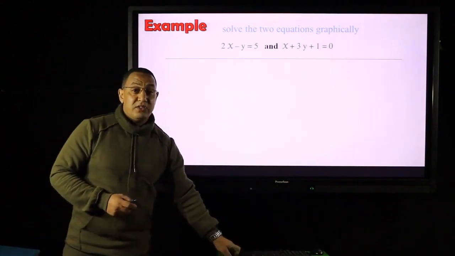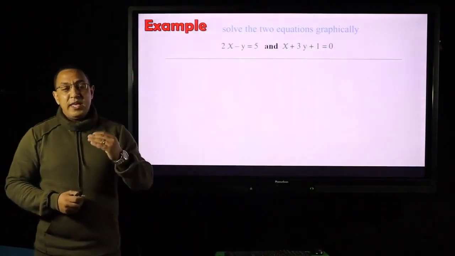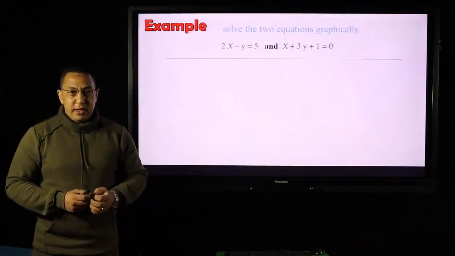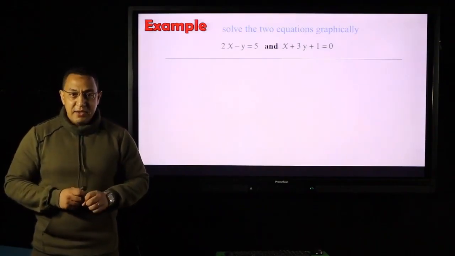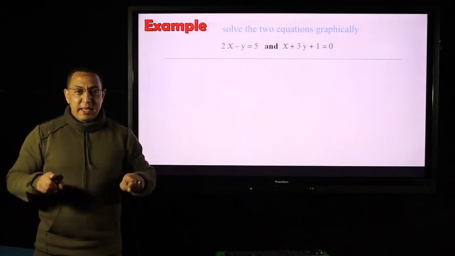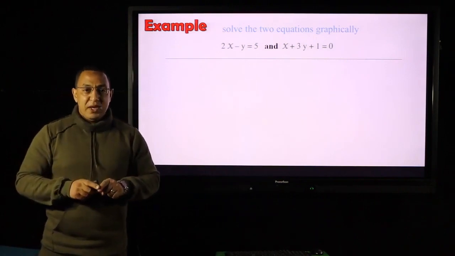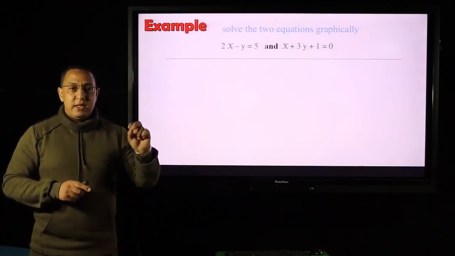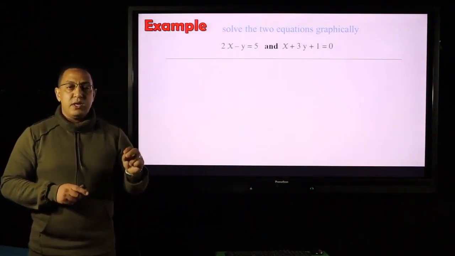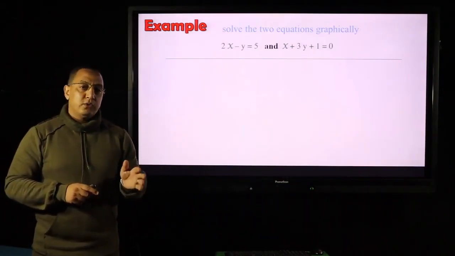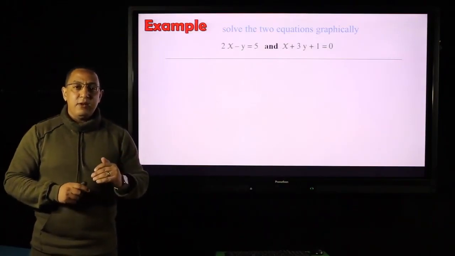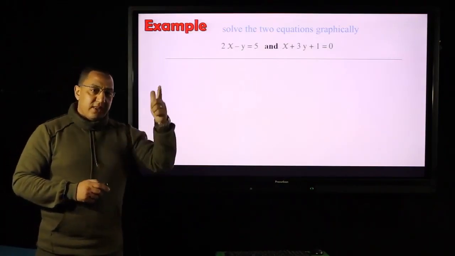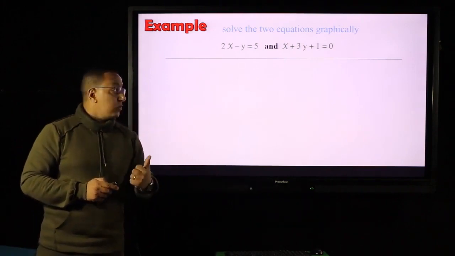To solve the two equations graphically, we have learned in the first term how we can represent a straight line in the graph, by forming a table for this equation and putting three numbers in place of x, whatever, 0, 1 and 2, and then finding the value of y from the equation and then representing them. Let's see this one.